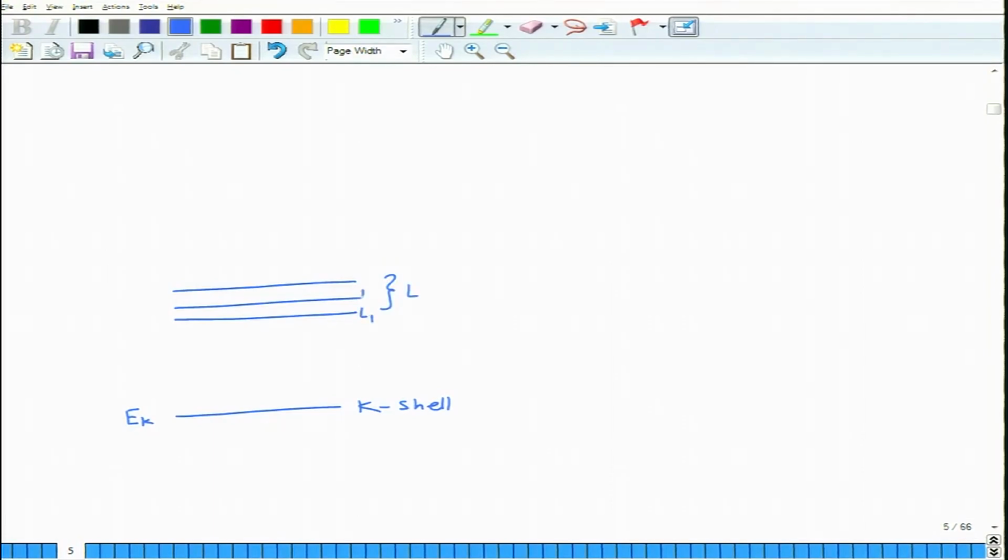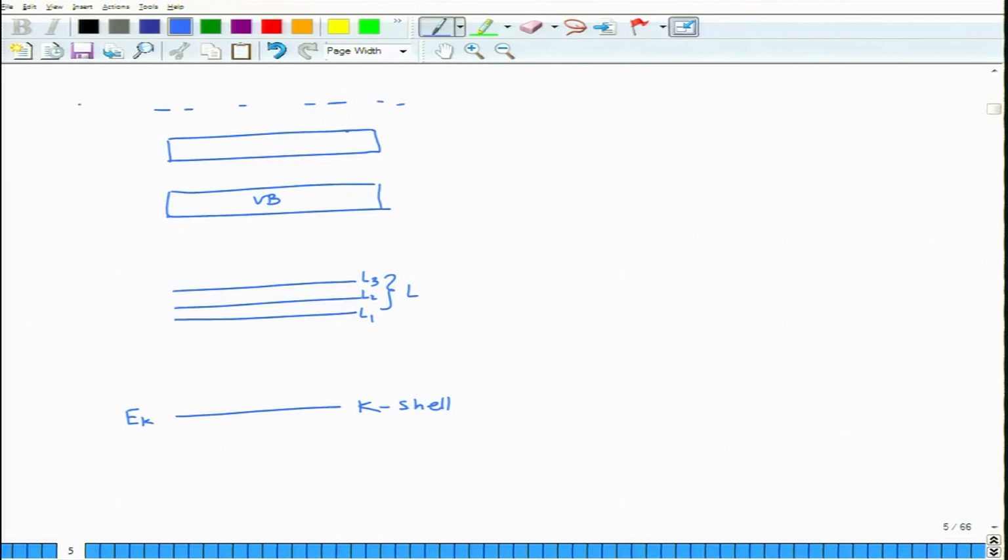You can have L1, L2 and L3. And then of course you have something called the valence band, and then you have something called the conduction band. You have these energy bands, and then of course you have the vacuum level, okay. This is Evac, all right. So this is how the energy levels are falling.